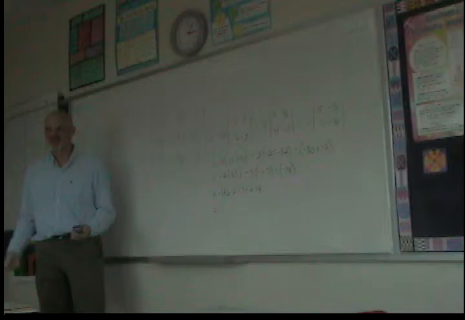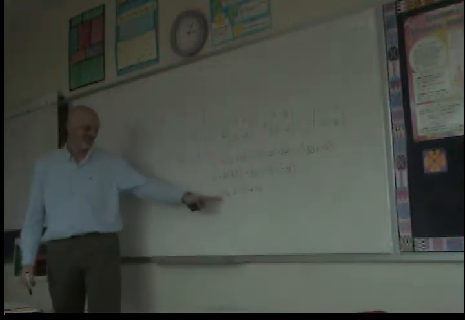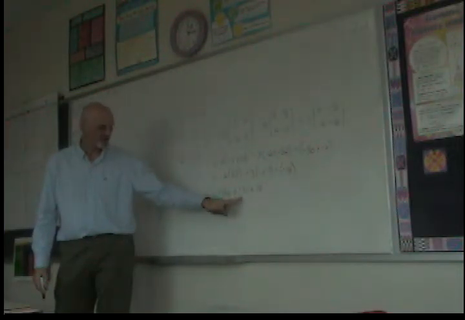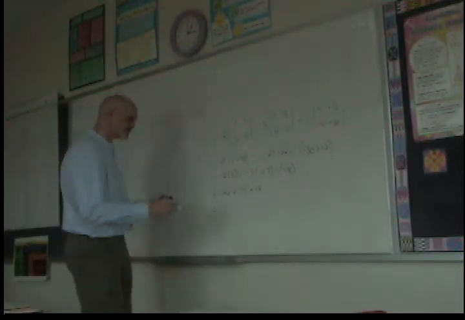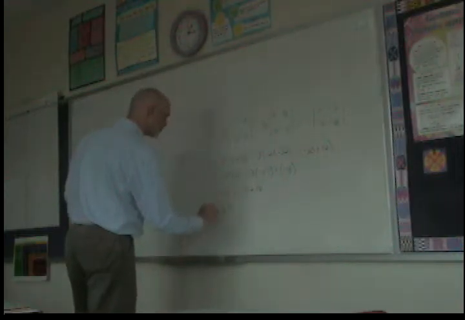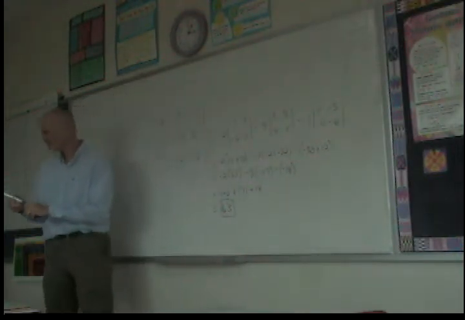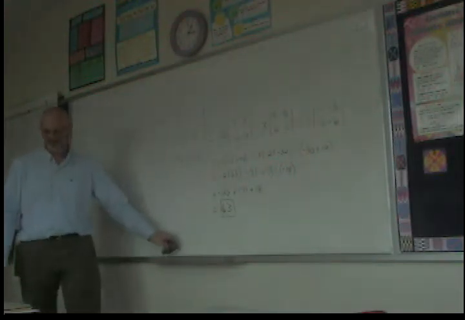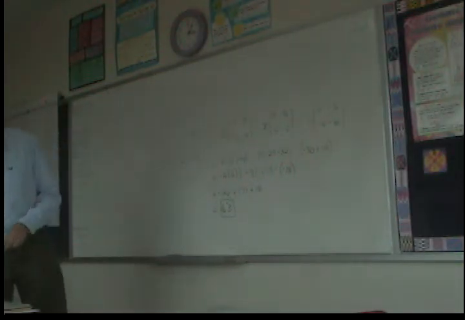This is where calculators come in handy. That should be 45. Positive 45 plus 18 is positive 63. Am I right now? Yeah. How did I get 27?